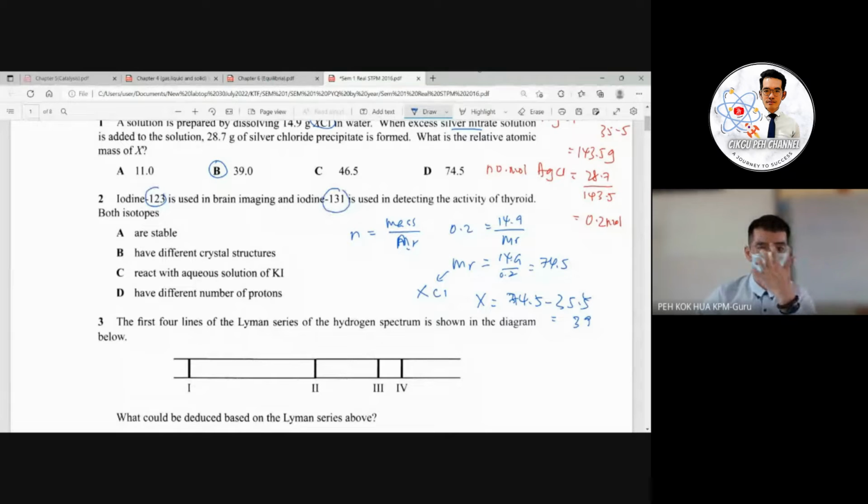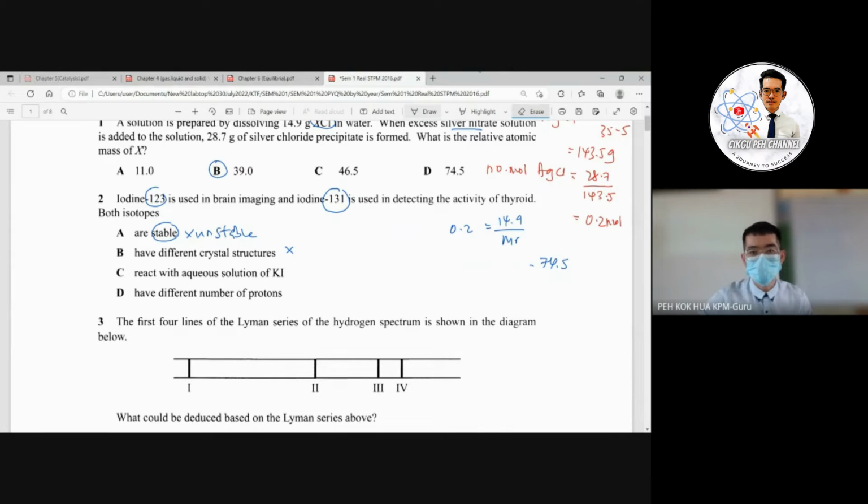So that means we need a radioactive decay process so that the gamma ray will be emitted. So the isotope here will be unstable. So A is wrong already. Then the second one, the crystals have different crystal structure. The crystal structure does not depend on the type of isotope, so that answer is also out.